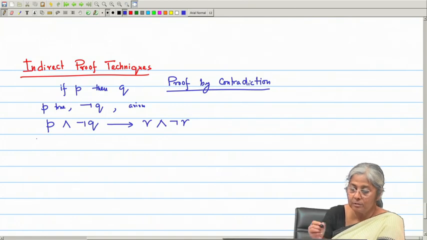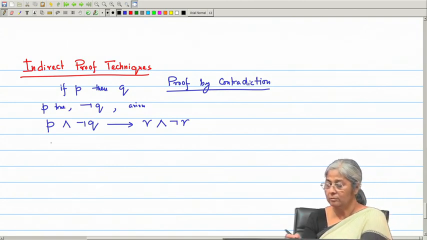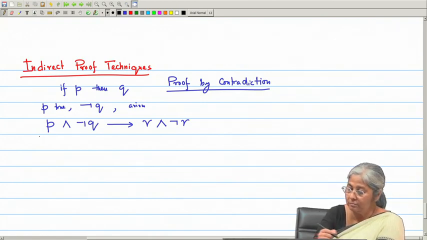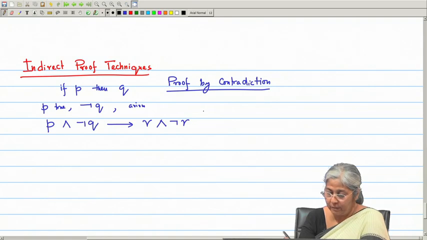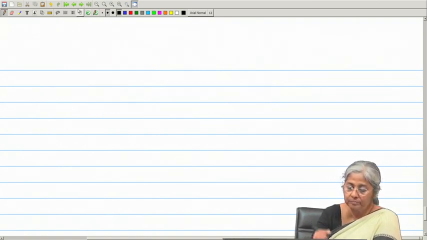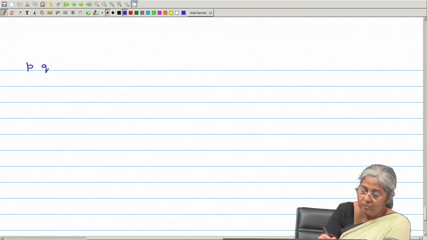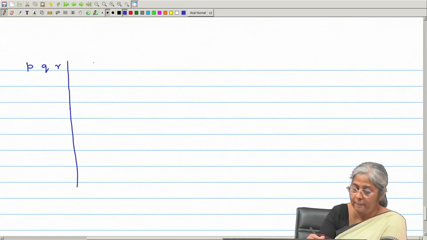Since here we have 3 propositions, we take a truth table with P, Q, R, these are the 3 values.